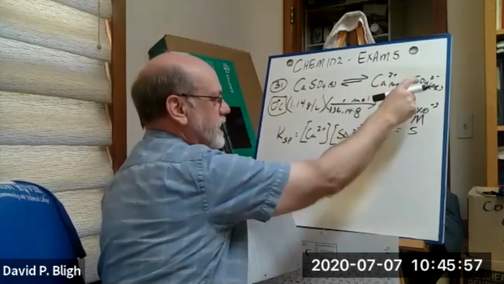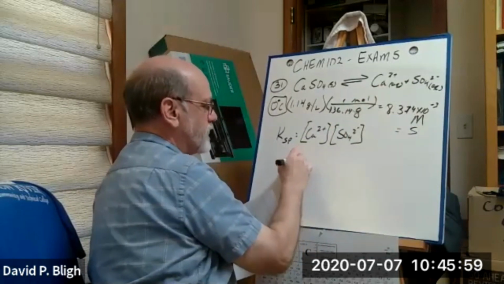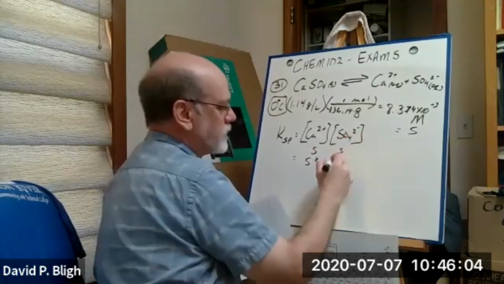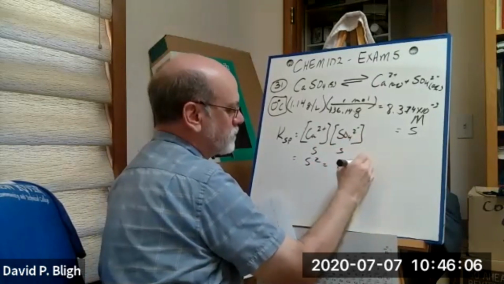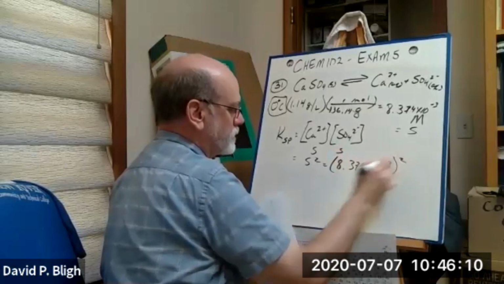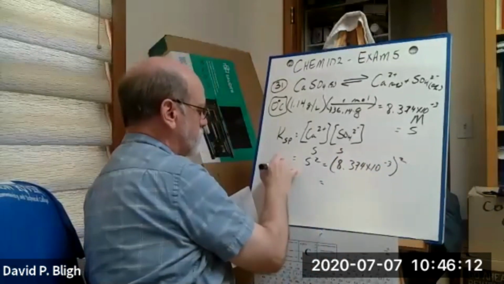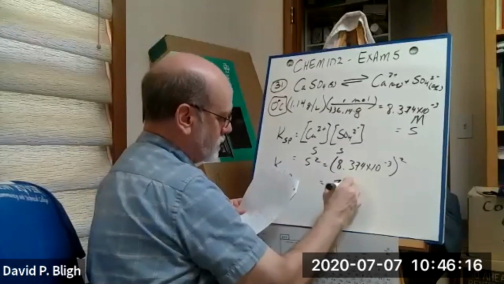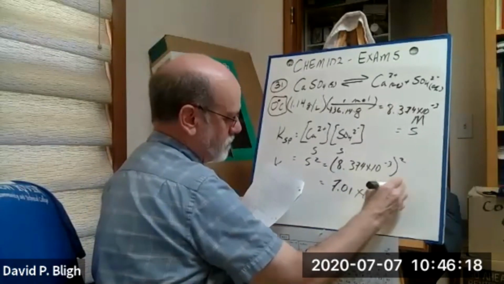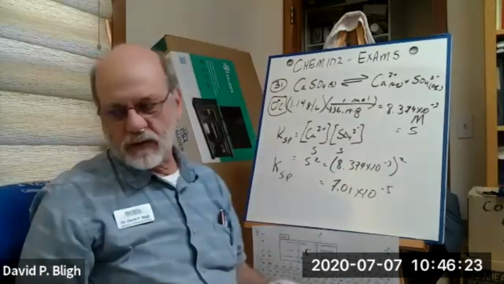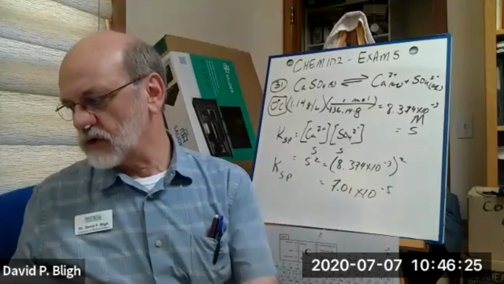So that's S and that's S. So it would just be S squared, which would be equal to this. Squared is equal to your KSP. And that should be 10 to the minus 5. Okay, so that was the trick to that one, is just the unit conversion.